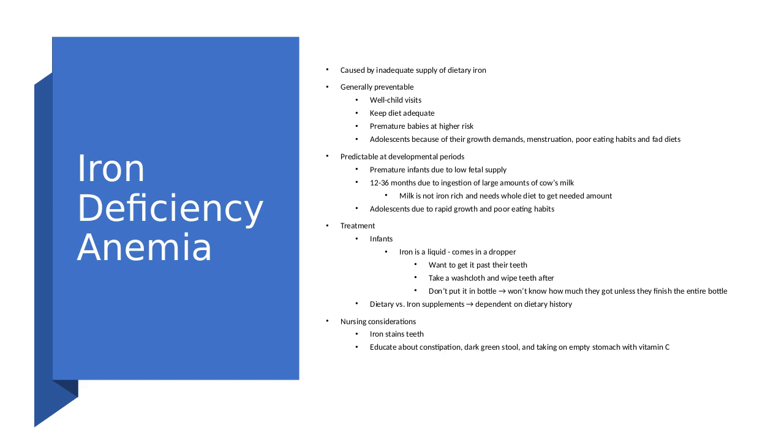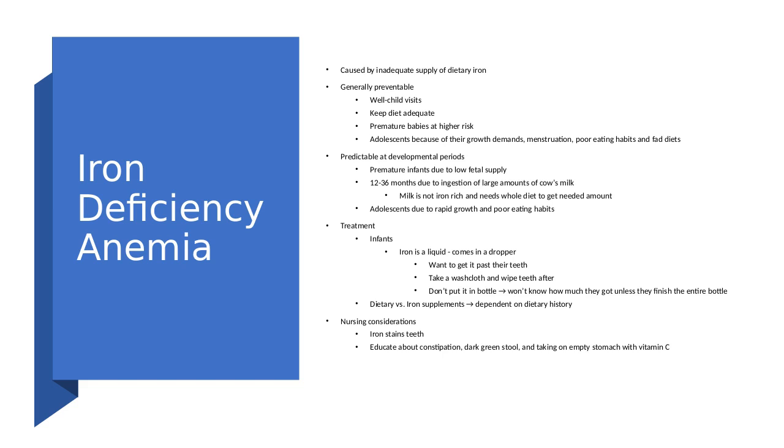It's predictable at developmental periods. We know that premature infants, because of the low fetal supply that they've received, you know to watch your preemies for iron deficiency anemia. Around the 12 to 36 month mark, they can also become iron deficient, and this is due to ingestion of a large amount of cow's milk.